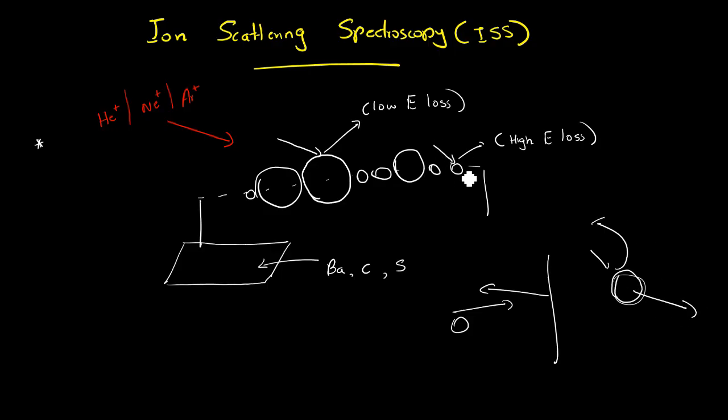The energy is transferred into these small atoms and used for movements, maybe vibrations. So energy loss will happen when your ion hits a small atom, just like when the tennis ball hits a basketball, because the basketball is relatively small compared to a wall. I hope you get the idea.